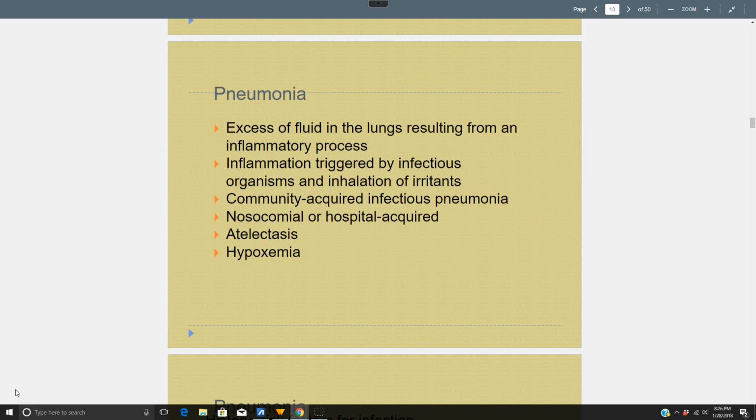So what do we do with these patients? Obviously, preventing pneumonia would be the best ideal situation.